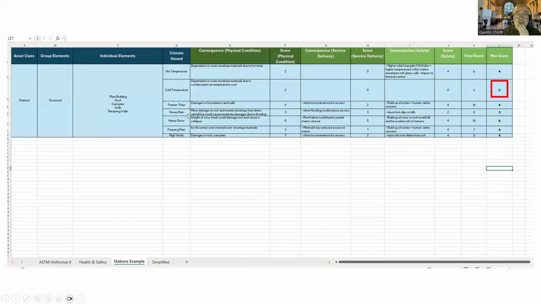You go through this for heavy rain, heavy snow, freezing rain. High winds, obviously, damages to roof and to canopies. And so you can actually come up with then scores between 1 and 7 or 0 and 7.